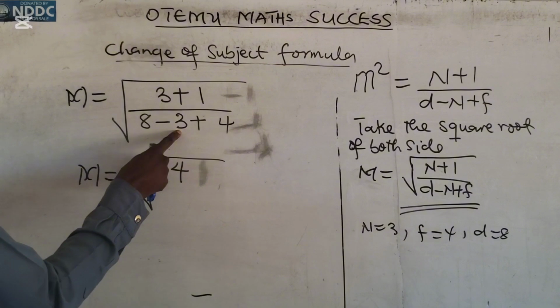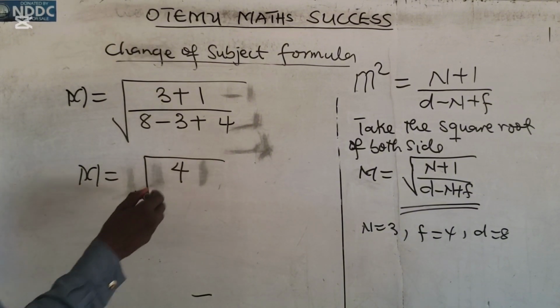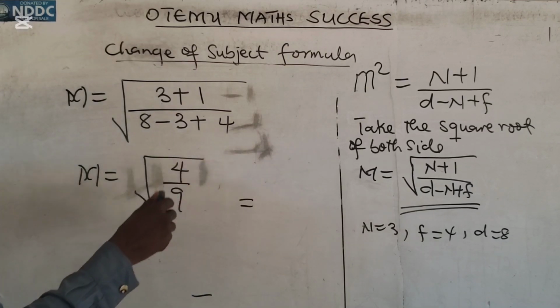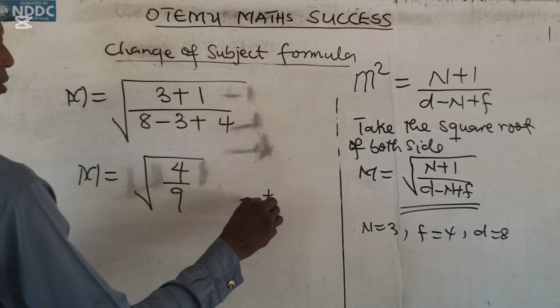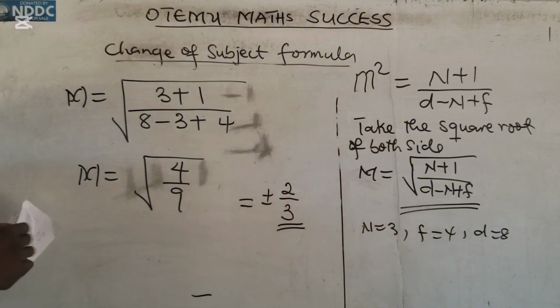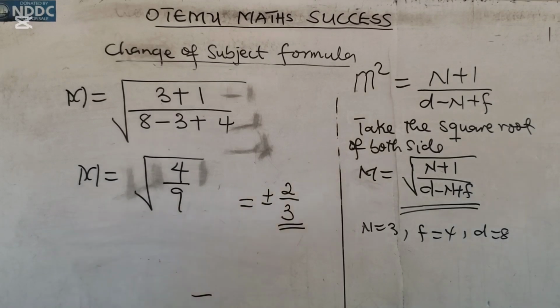What is 8 minus 3 is 5. 5 plus 4 is 9. So what is now the square root of 4 over 9 is plus or minus 2 over 3. Because the square root of 4 is 2. The square root of 9 is 3. And that is our answer.